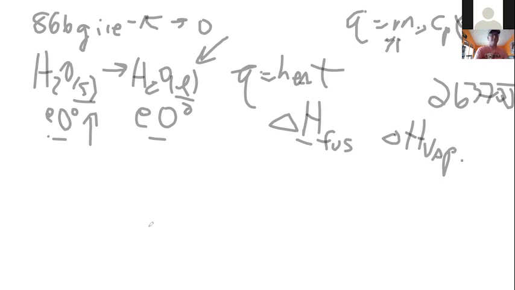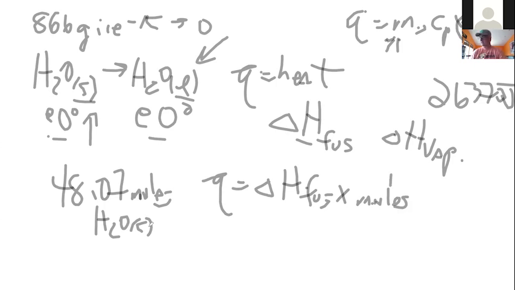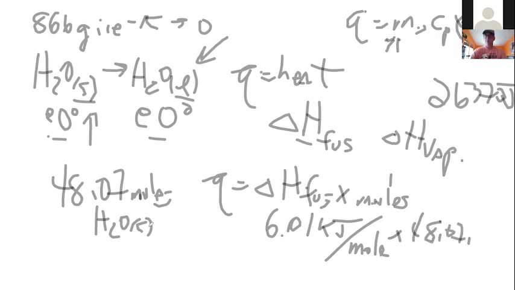So we already know that it was 48.07 moles of H2O solid that we need to convert to H2O liquid. So Q is going to be equal to the delta H fusion times the number of moles. Delta H fusion is 6.01 kilojoules per mole times 48.07 moles.